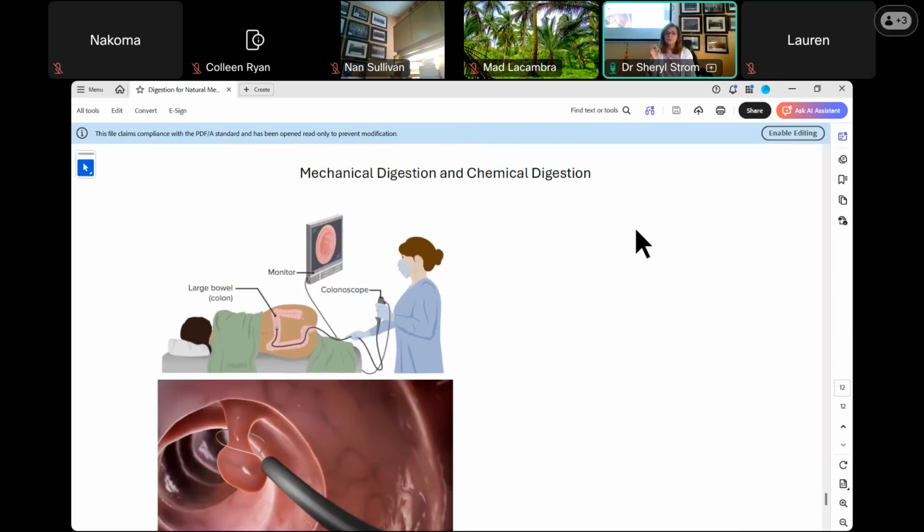If there are more problems, say somebody has irritable bowel syndrome or disease, whatever you want to call it, they take a capsule. You swallow a capsule with a camera on it.